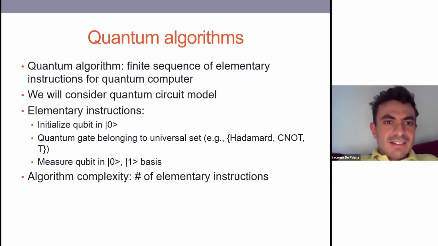You have already had a wonderful introduction to quantum algorithms by Davide this morning, but still let me recap what will be relevant for my lecture. So what is a quantum algorithm? A quantum algorithm is a finite sequence of elementary instructions for a quantum computer.